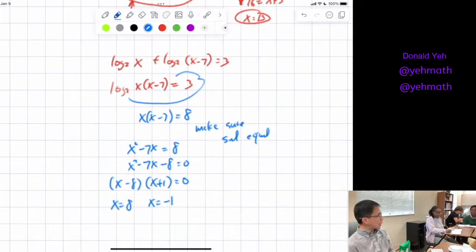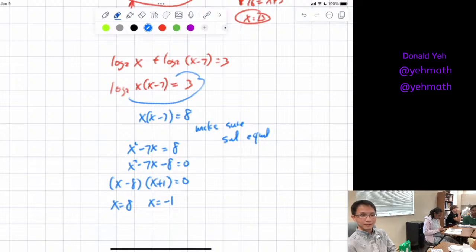Now, one of those is an extraneous solution here. Which one is extraneous? And why? Negative 1. Why? You haven't explained why yet, but you said it's negative. But why is negative not allowed? Type in logarithm of negative 1 in the calculator.